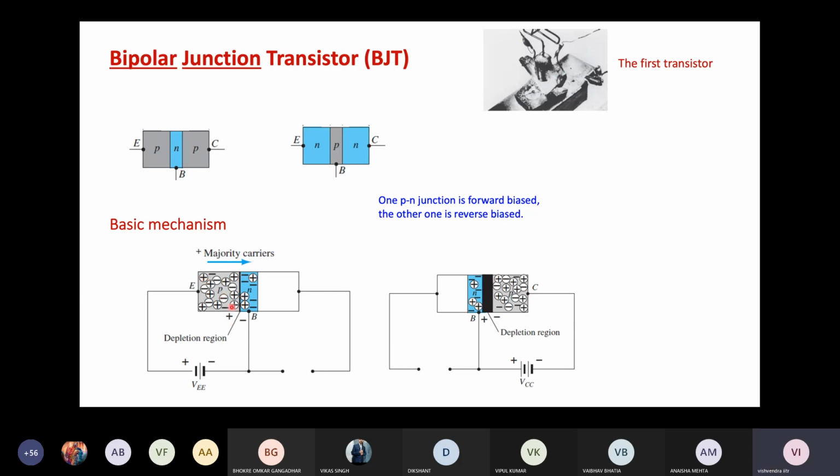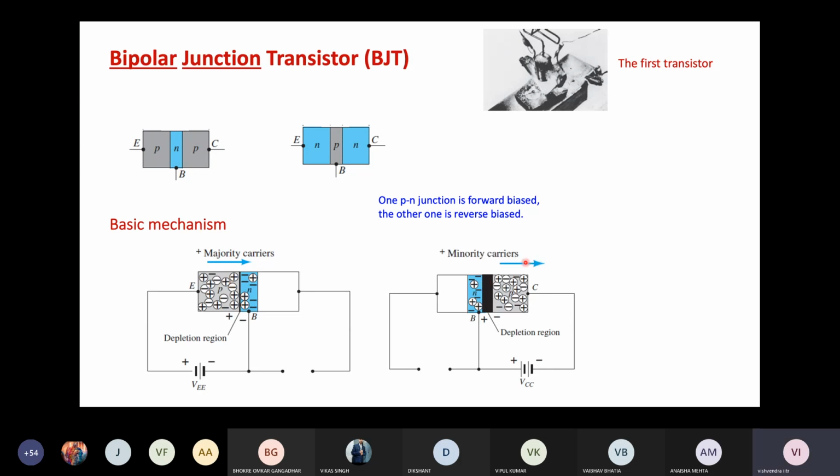Because of the forward bias, these holes are the majority carriers in the P-type, but as soon as they enter the N-type material, the base part, they become minority carriers. And because of the reverse bias, these minority carriers will now be taken to the other side, because in reverse bias, only the minority carrier current is there.